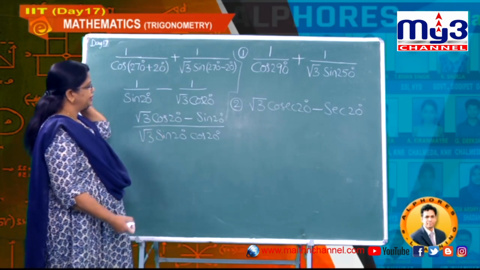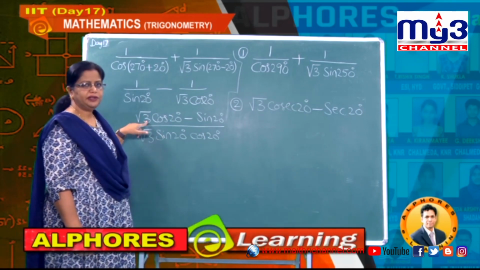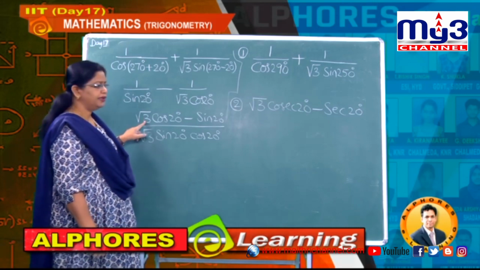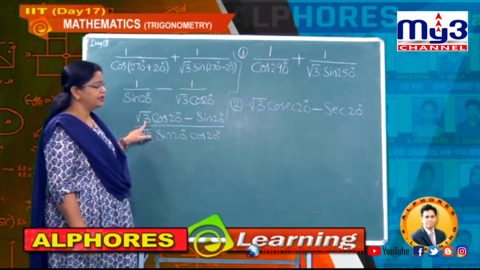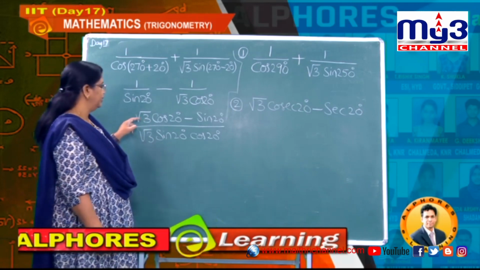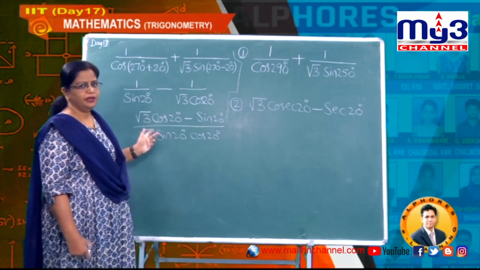Now, as we have done earlier in our discussion, we want to write root 3 as cot 30 degrees, which is cos 30 by sin 30, or you can use tan 60 degrees; any of the values you can use.